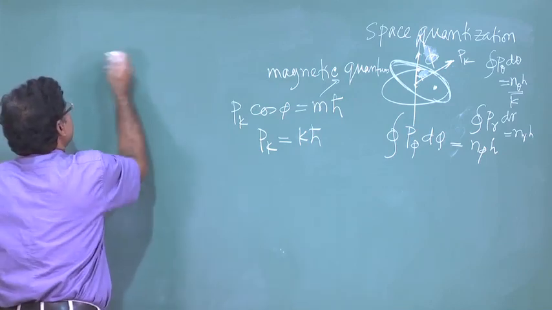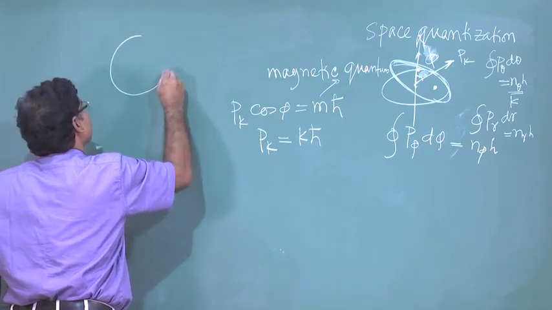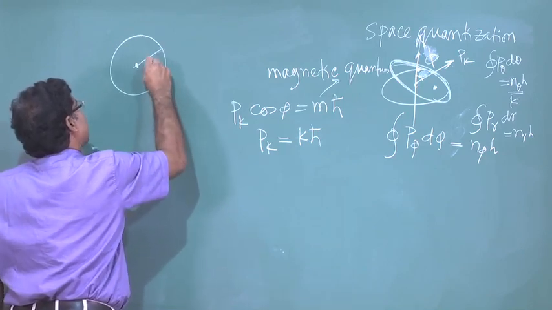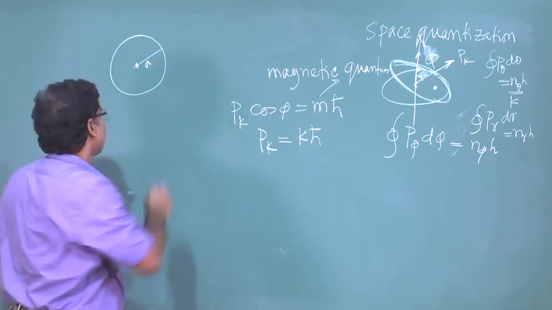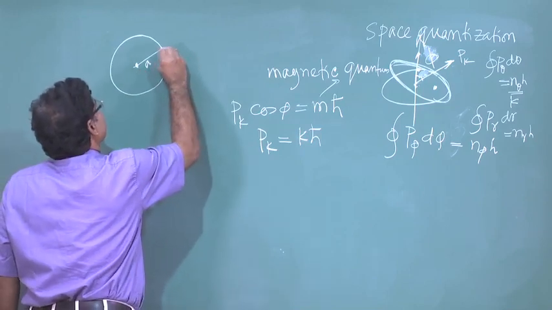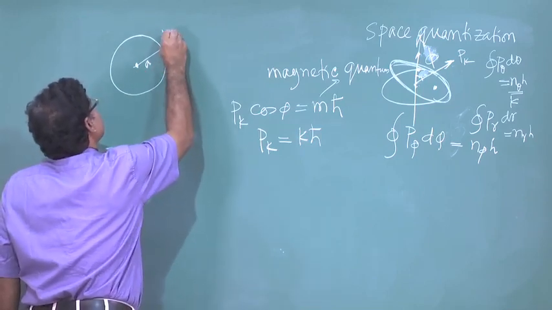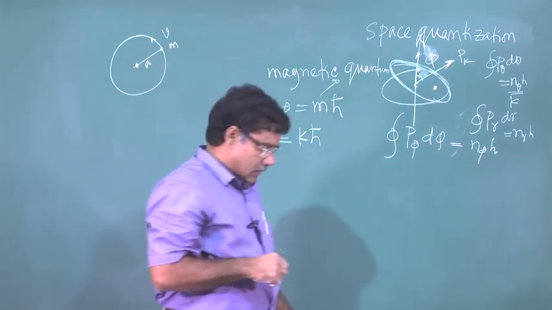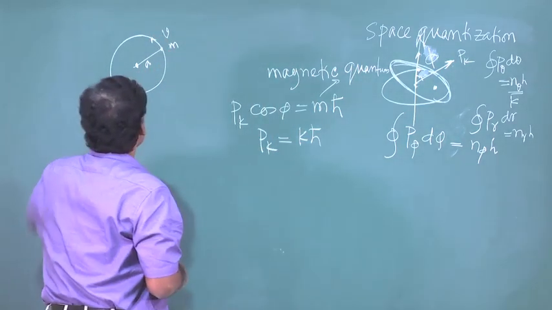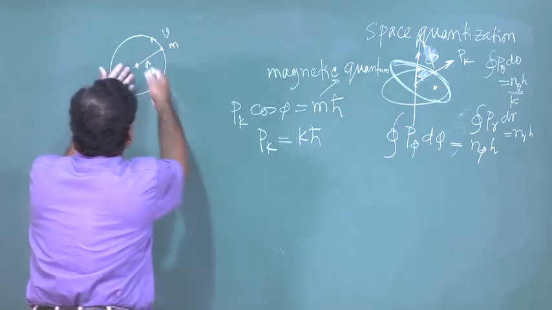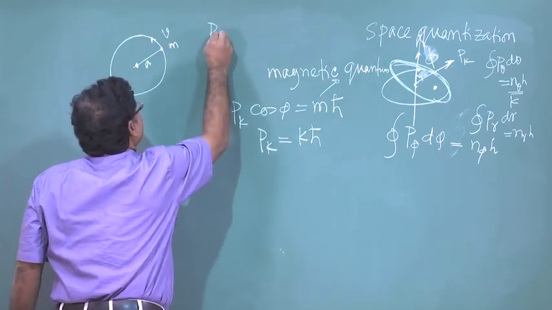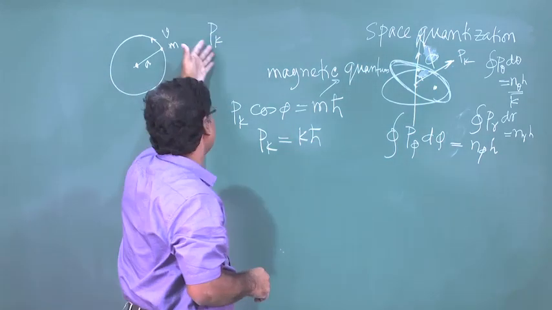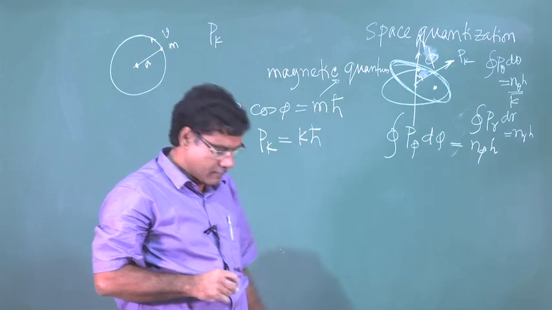Say for a simple case, let us take a circular orbit. The electron is moving, its radius is a, the electron mass is m, and its velocity is v. It is moving, so it will have angular momentum p k, as we have seen.